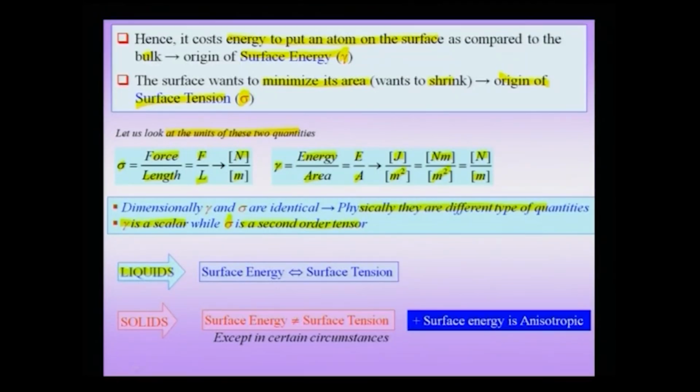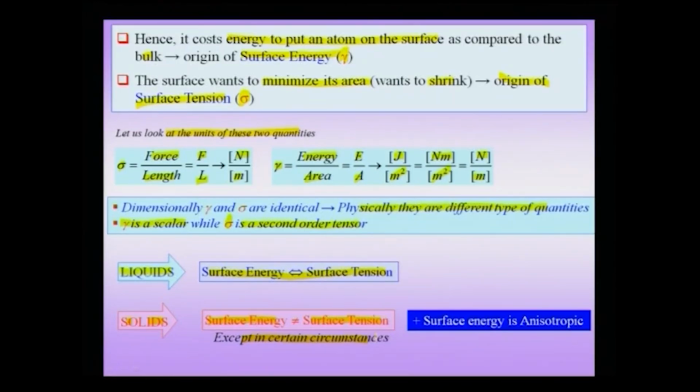In liquids, surface energy and surface tension are equivalent concepts and sometimes they can be used interchangeably. But in the case of solids, surface energy is not equivalent to surface tension. Of course, under very special circumstances they may become equivalent, but for now we will assume that surface energy and surface tension represent different concepts when it comes to solids.